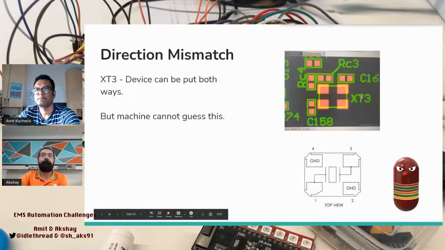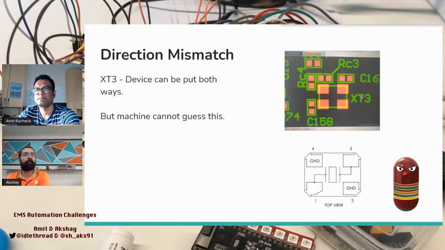So moving on to another kind of what humans think and what machine thinks out here. Over here, you have another interesting problem. You have a component called XT3. It's a crystal. It's got 4 legs. 2 are ground, 2 are the terminals for the crystal. Logically, we can see it's a rectangle. I can flip it, put it again, it'll still work.